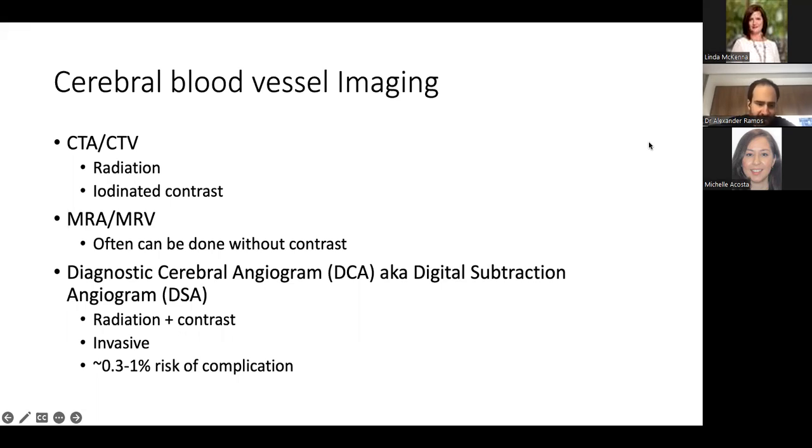It's obviously invasive, and we quote patients approximately a 0.3 to 1% risk of complication. Complications can be stroke, dissection of a vessel, and injury to the access site. These days we do a lot of our angiograms through the wrist, radial access, but also through femoral access. Overall, for a young, healthy person there's about a 0.3% risk of complication, up to 1% in an older person with unhealthy blood vessels.